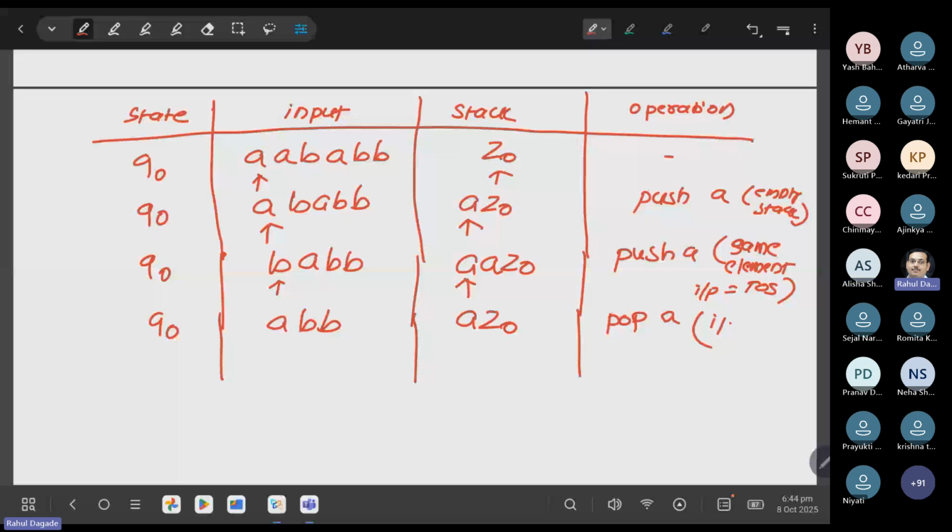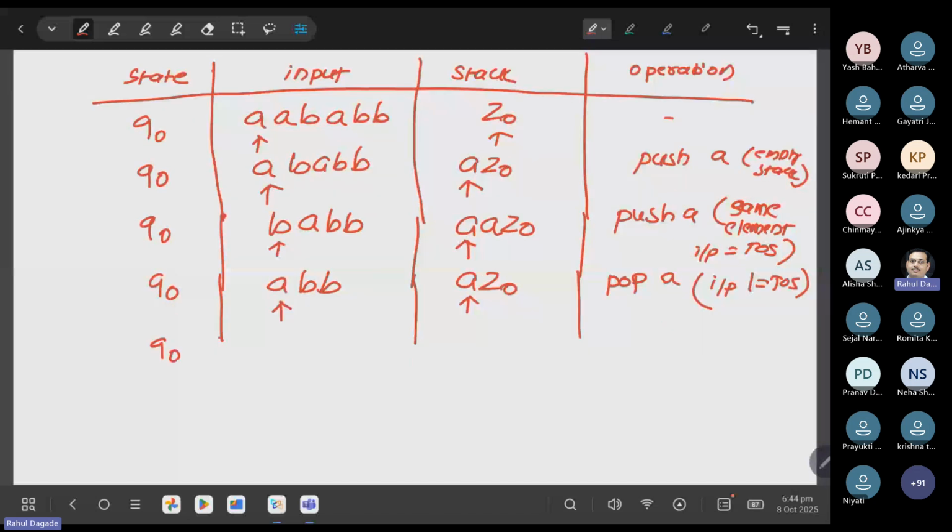Now we have A as an input, A on top of stack. So we will push it because same element. So Q0, A is consumed, remaining input is B, B, stack is A, A, Z0. Operation is push A. Why? Because input is same as top of stack.